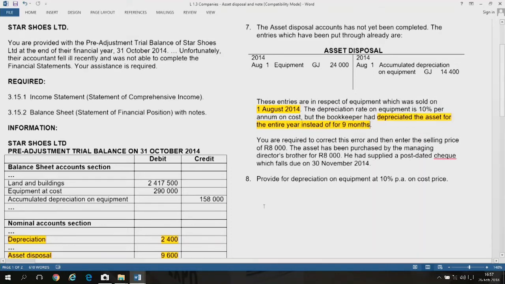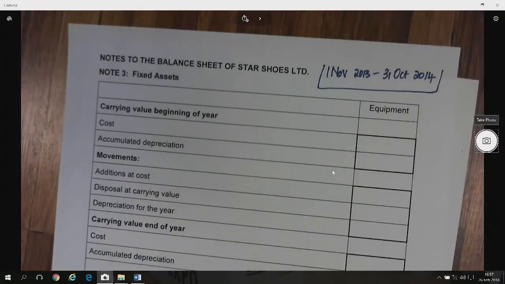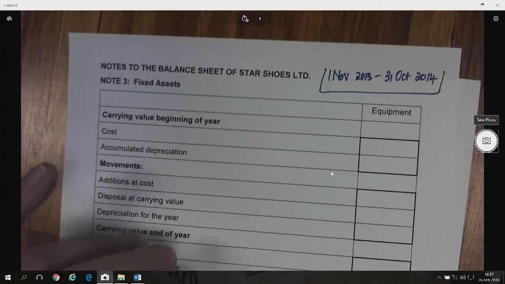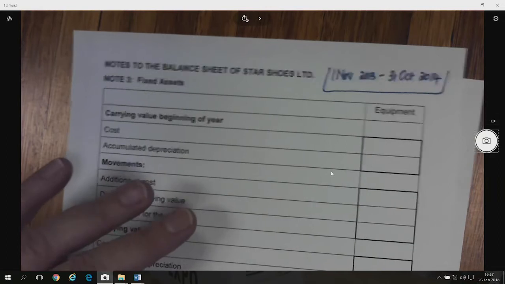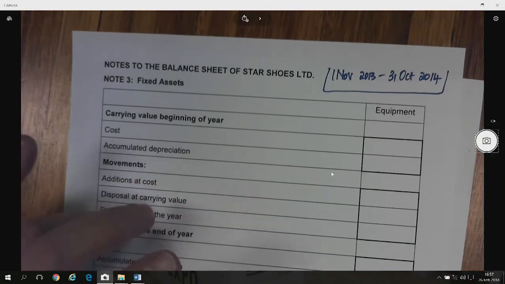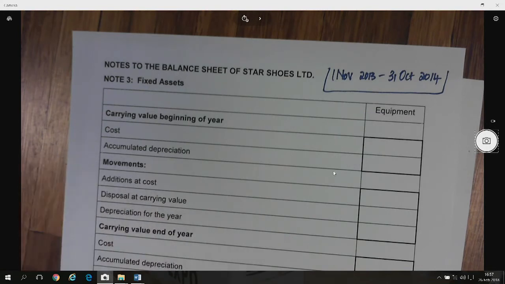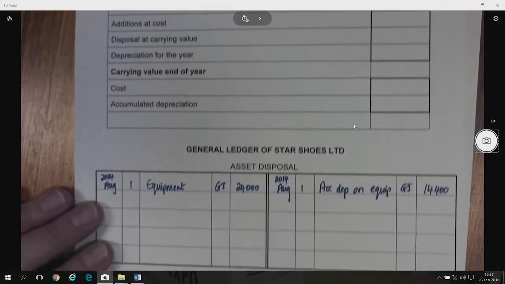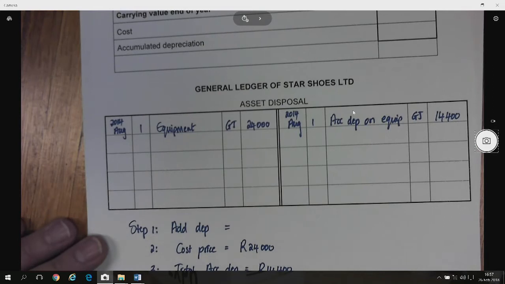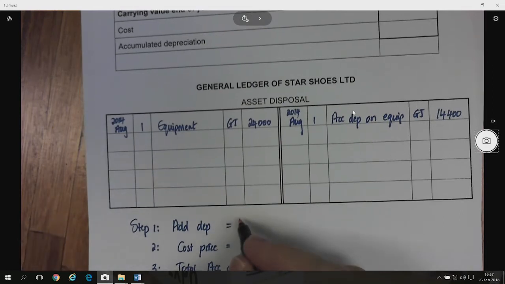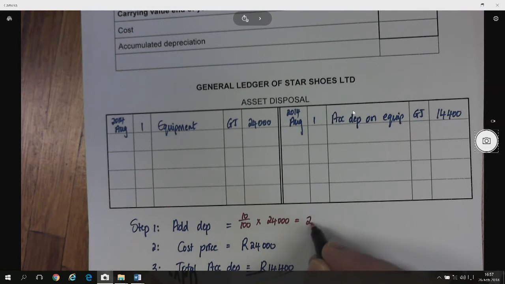November, December, beginning of the year, November, December, January, February, March, April, May, June, July, because we sold on the 1st of August. So the problem is that they did step 1 as 10% on the 24,000 Rand for the whole year.